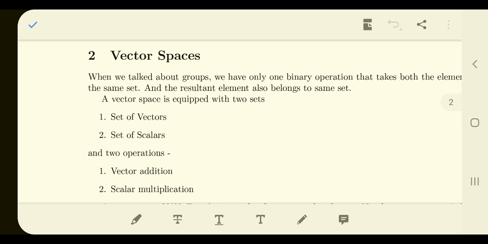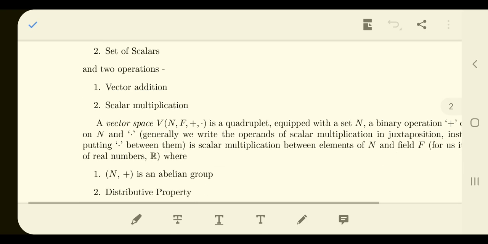So it has two sets. One is a set of vectors, another is a set of scalars. In this video series, you will find that our set of scalars is the set of real numbers. We also have two binary operations: vector addition and scalar multiplication.